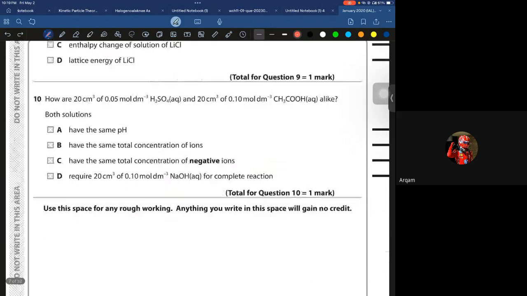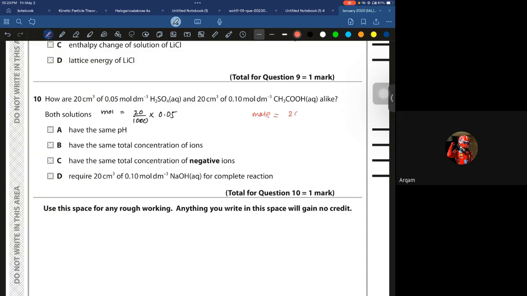How are 20 cm cube of 0.05 mole per dm cube H2SO4 and 20 cm cube of the other solution alike? Both solutions have the same pH. How can you say? You have to solve it and find out the moles. The mole of H2SO4 would be 20 divided by 1000 multiplied by 0.05.